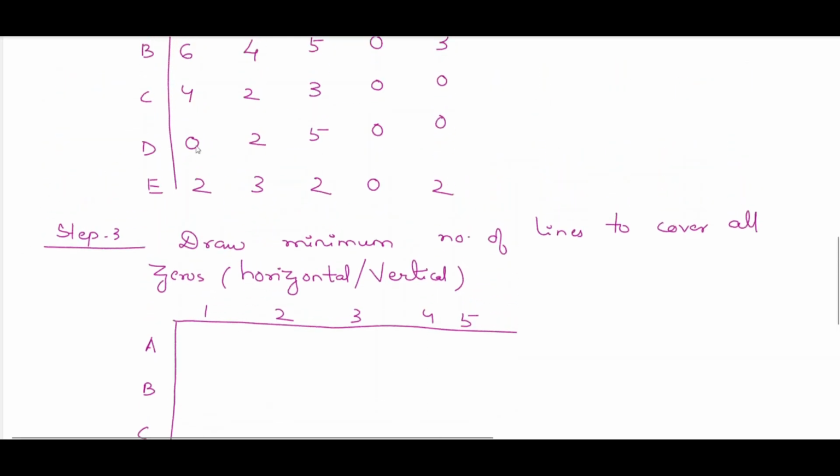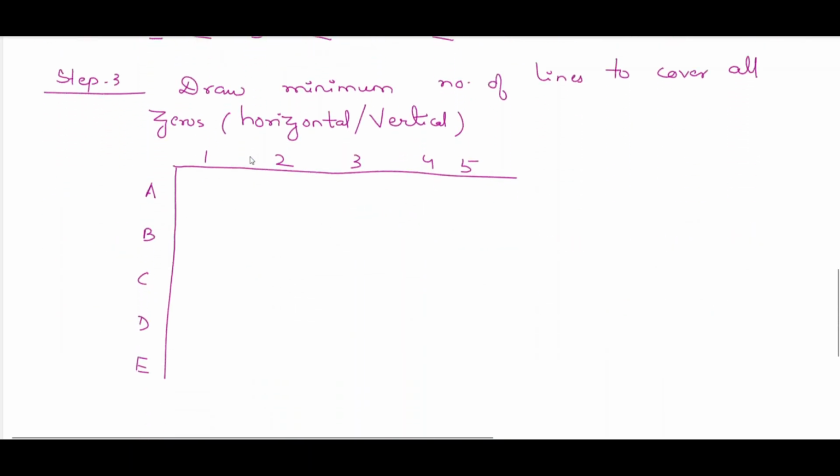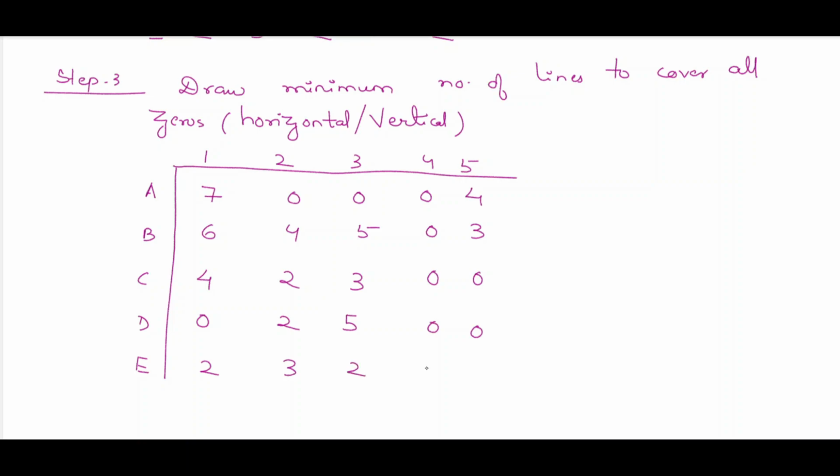So the same table I am repeating here. 7, 0, 0, 0, 4. Then 6, 4, 5, 0, 3. Then 4, 2, 3, 0, 0. Then 0, 2, 5, 0, 0. Then 2, 3, 2, 0, 2. This table I've just copied down.